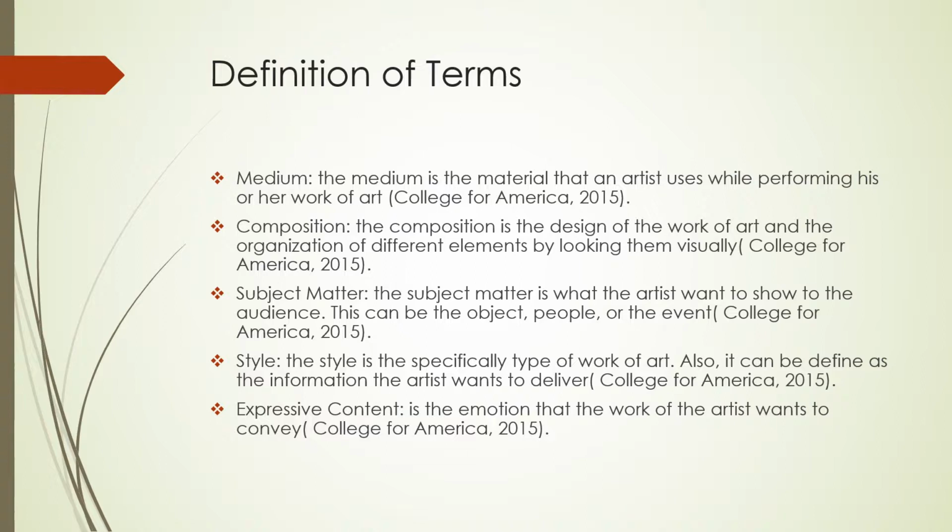That's how the art is designed, maybe by looking at how different figures or different things are composed in that painting. And also you can see how those figures combine with each other. Going to the subject matter, it is the hidden meaning of the work of art.